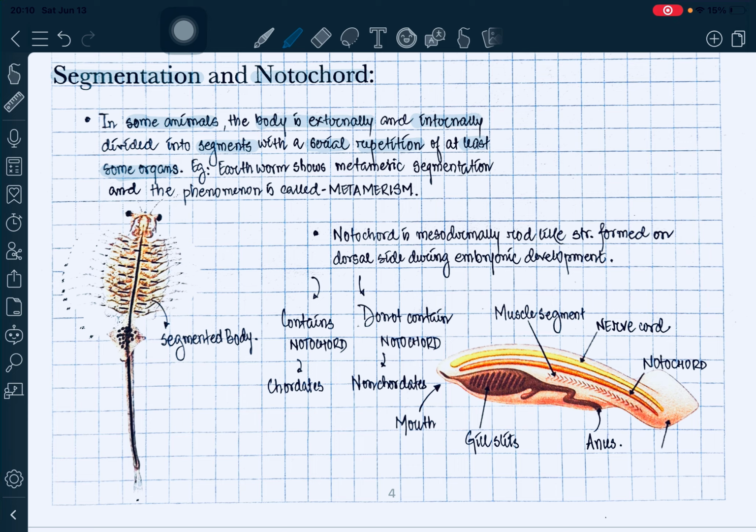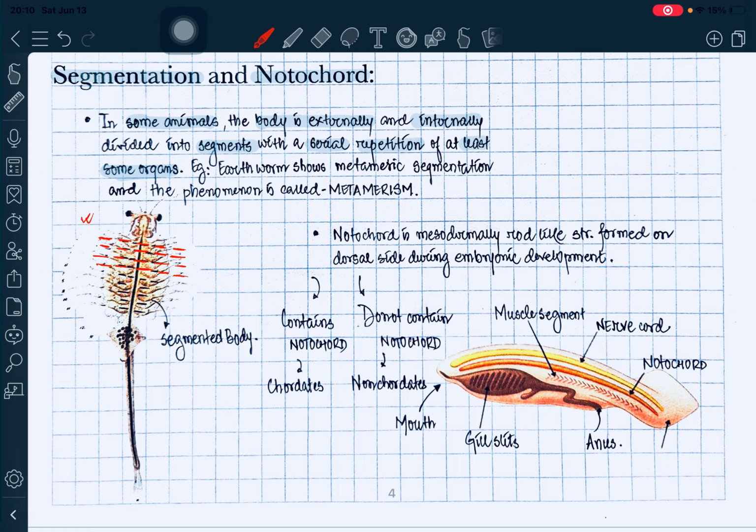Okay, for example, if you see this organism, its body is segmented. You can see these lines, right? So if you see any insect, or if you see an earthworm, you will see that their body is segmented, right?